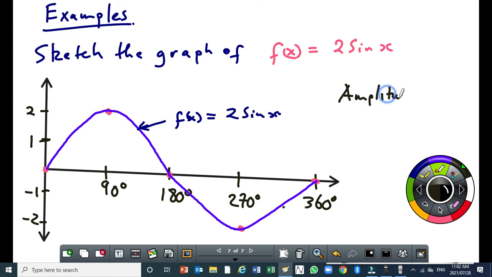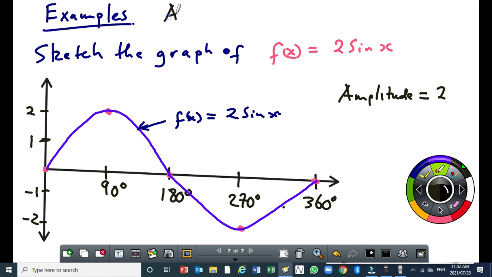So our amplitude will be equal to the coefficient of sine x. Because the coefficient is positive, we'll take the positive coefficient, that's a 2. We can also calculate it. If you think you can get confused, you can calculate it, but you need the maximum value and the minimum values of y. The maximum is 2, minimum is -2.